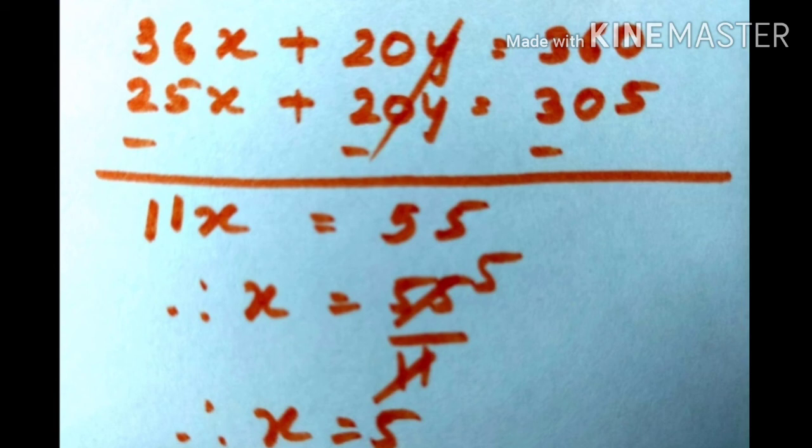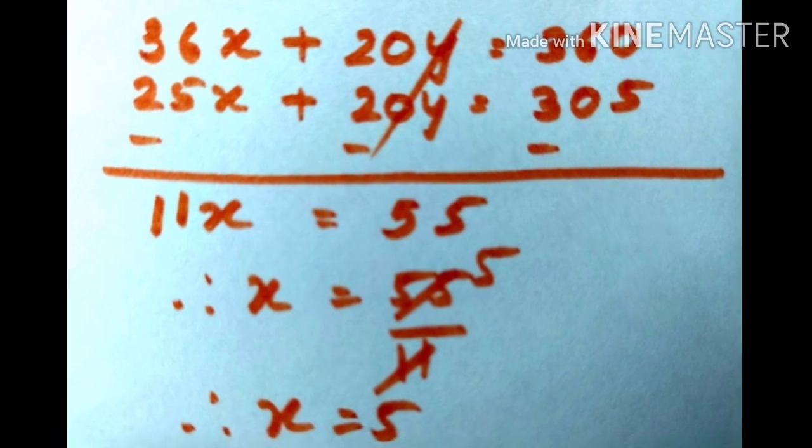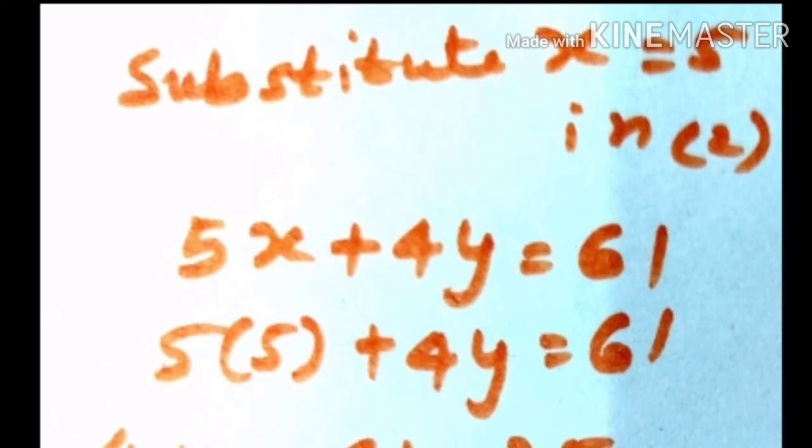What is our x value? It is the cost of the chair. Now we also need to find the value of y. We find it by substituting x equal to 5 in equation 2. Our equation number 2 is 5x plus 4y is equal to 61. Substituting x as 5, 5 into 5 plus 4y is equal to 61.